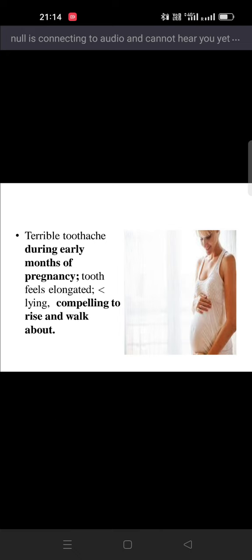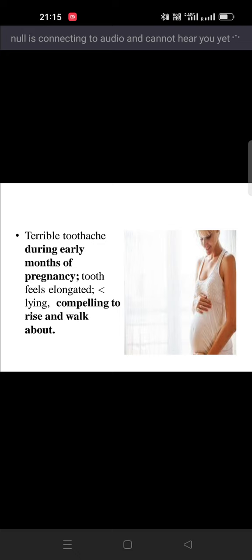Very good. Again I want to compare these lines. Compelling to rise and walk about. If we compare with another medicine, that is Chamomilla. What is mentioned in Chamomilla? In case of Chamomilla, there is mentioned violent rheumatic pain compelling the patient to walk about.